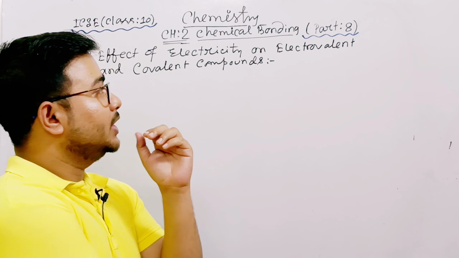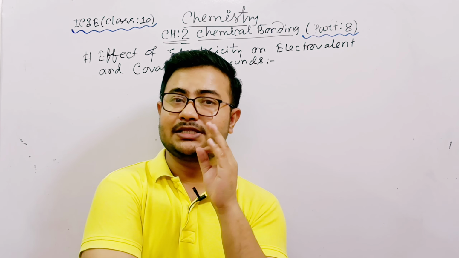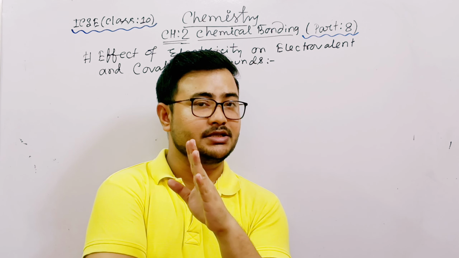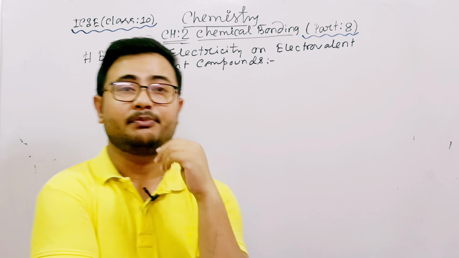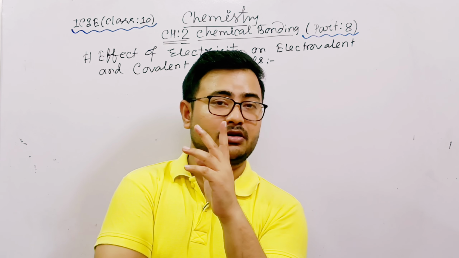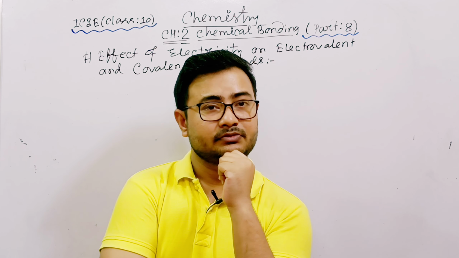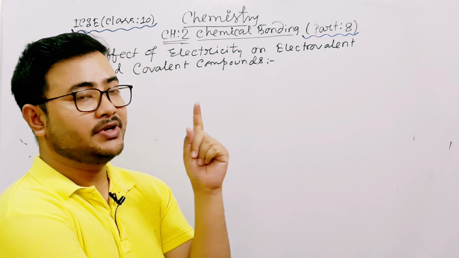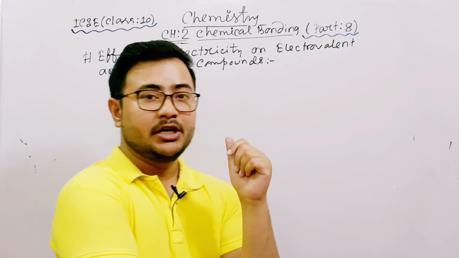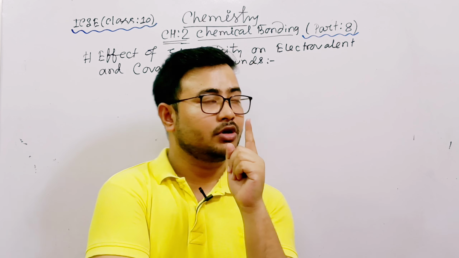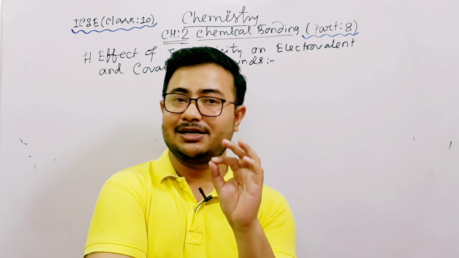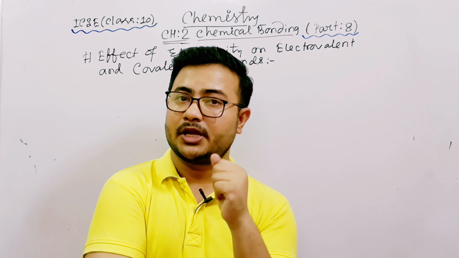So first, watch this video part-wise. This is chapter 2. I already completed chapter 1. You can check our playlist. This is already part 8, previously 7 parts were done. So you have to watch all the parts one after another.